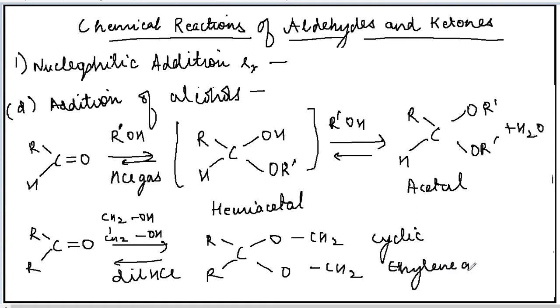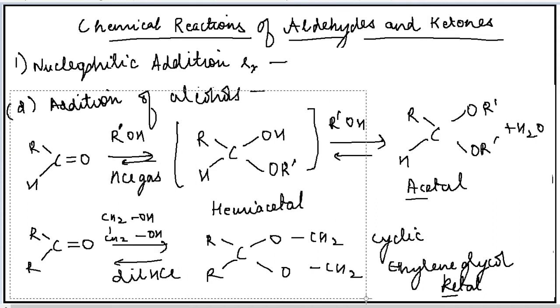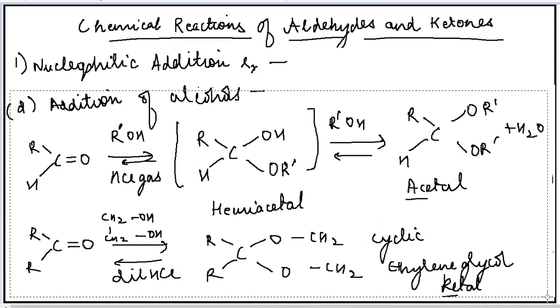Ethylene glycol ketal. So this was formed from aldehyde, so it is known as acetal, and this is formed from ketone, so it is known as ketal. So this is how the nucleophilic addition reaction takes place of aldehydes and ketones. Next, nucleophilic addition of ammonia derivatives.